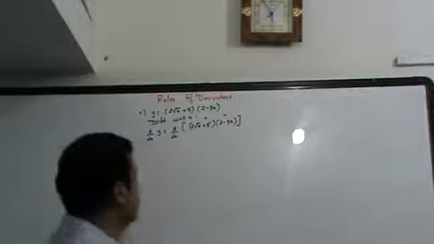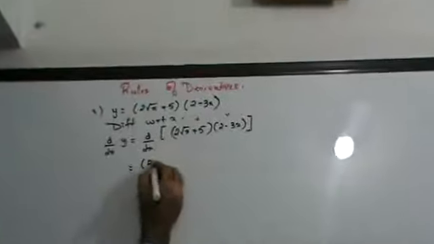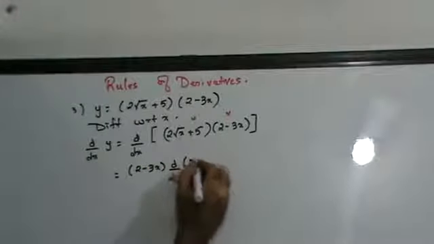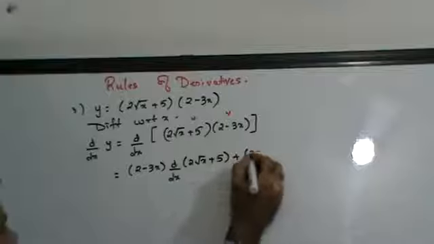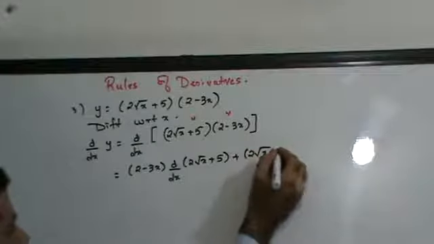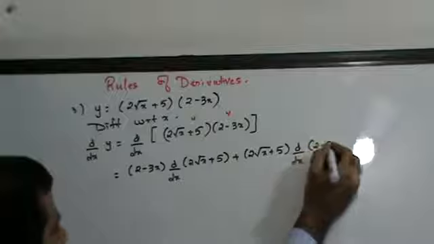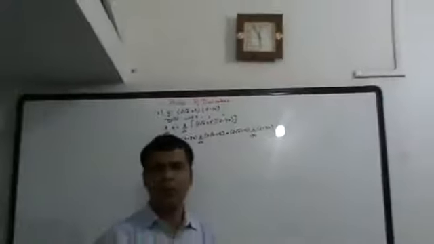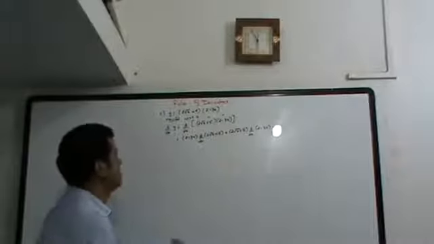Now, if I use the UV formula, dy dx of uv is v derivative of u plus u derivative of v. Assume the first term to be u, assume the second term to be v, and you are through.